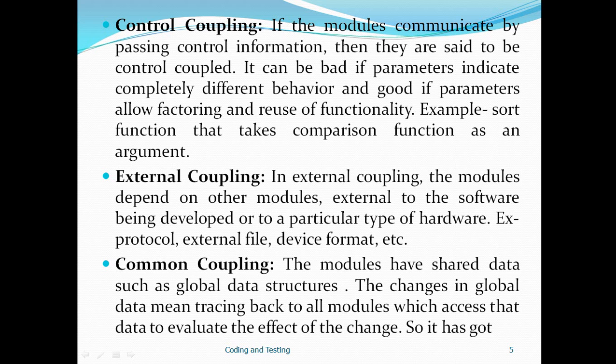Control coupling is a process to control the data among modules. However, in the sort function, sometimes, temporarily, the given input will be changed as per the input and output.